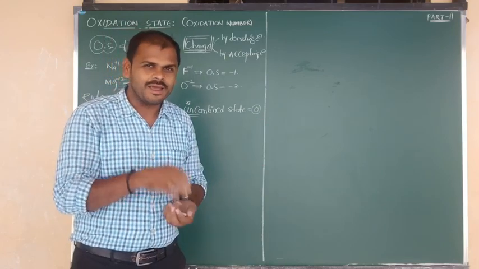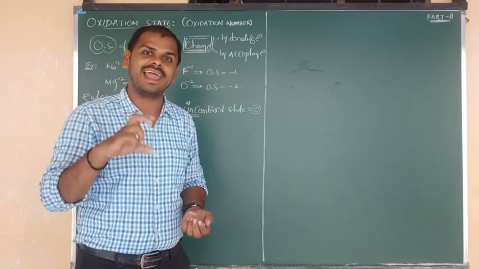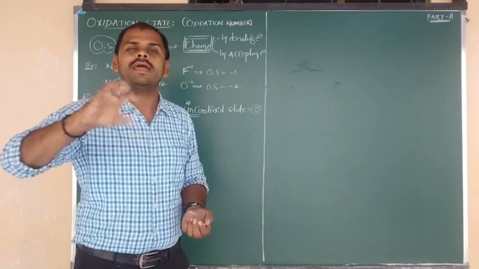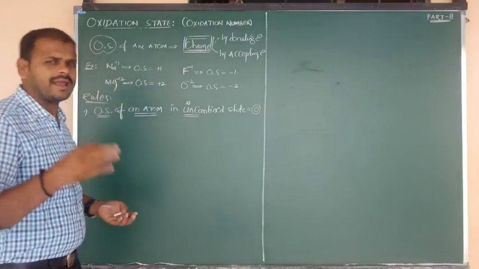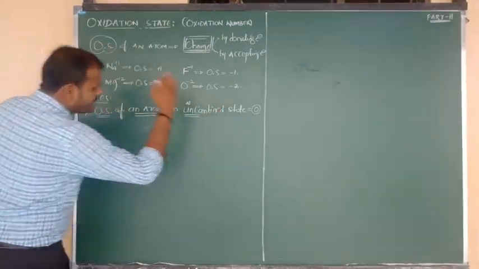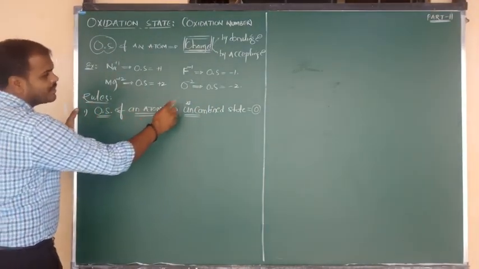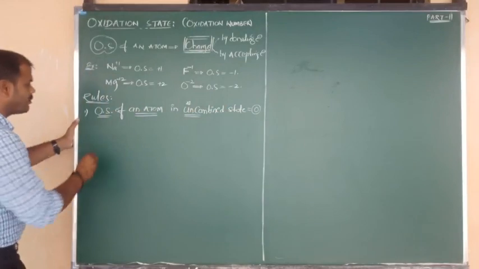Free nitrogen is combined state, N2 is uncombined state. Most of the diatomic gases we have to consider. Di, tri, tetra-atomic forms we can also consider, but the condition is they should be in elementary, uncombined form. So the oxidation state of an atom in the uncombined state must be equal to 0.